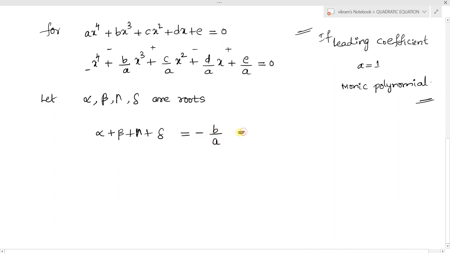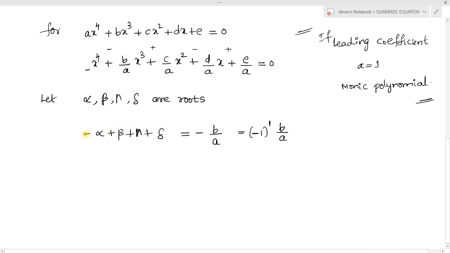So here we are taking the roots individually, one root at a time, and we can write this as (-1)^1 times b/a. Now from the four roots, take two roots at a time and make the sum of the products.